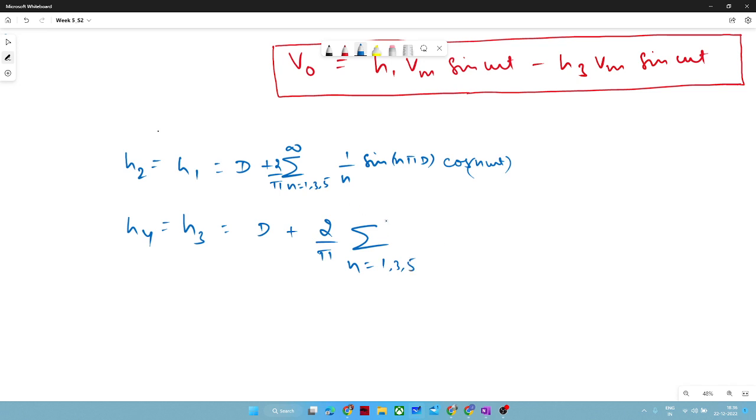Okay, one more question. Why am I taking only 1, 3, 5? Why am I excluding even components of your switching function? Any guess?